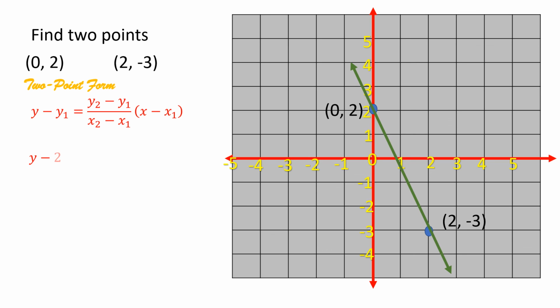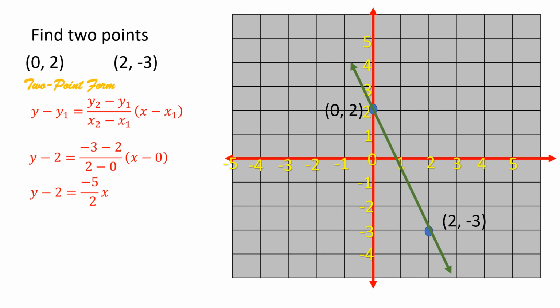So let's now substitute. y minus 2 is equal to -3 minus 2 all over 2 minus 0 times quantity x minus 0. Let us now simplify. That is y minus 2 is equal to -5 over 2x. So let us now multiply each term by 2.